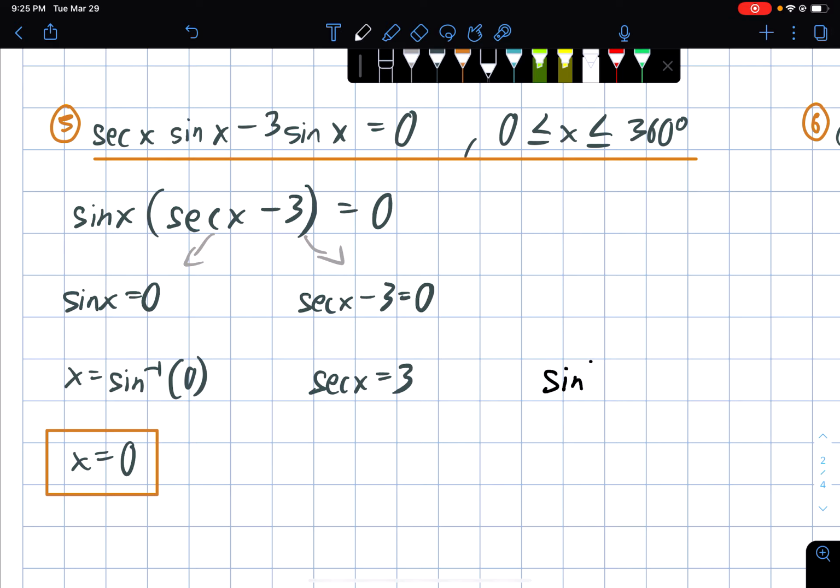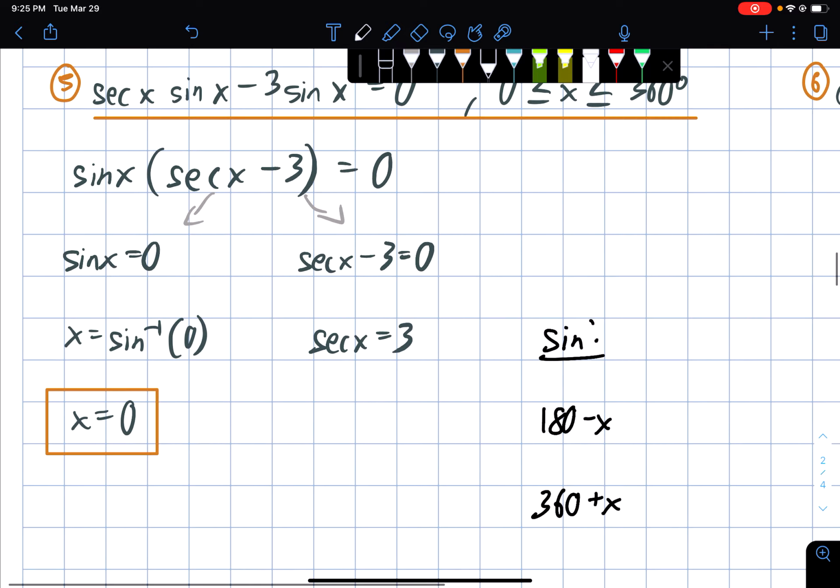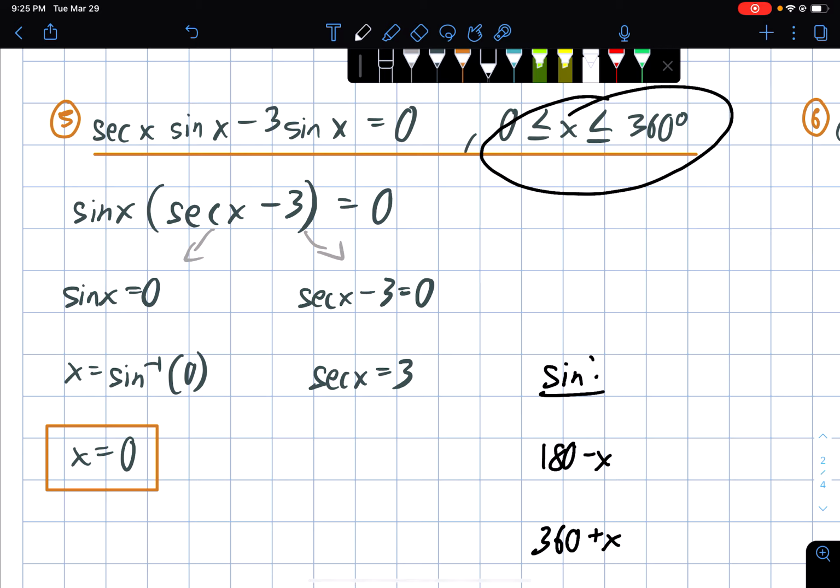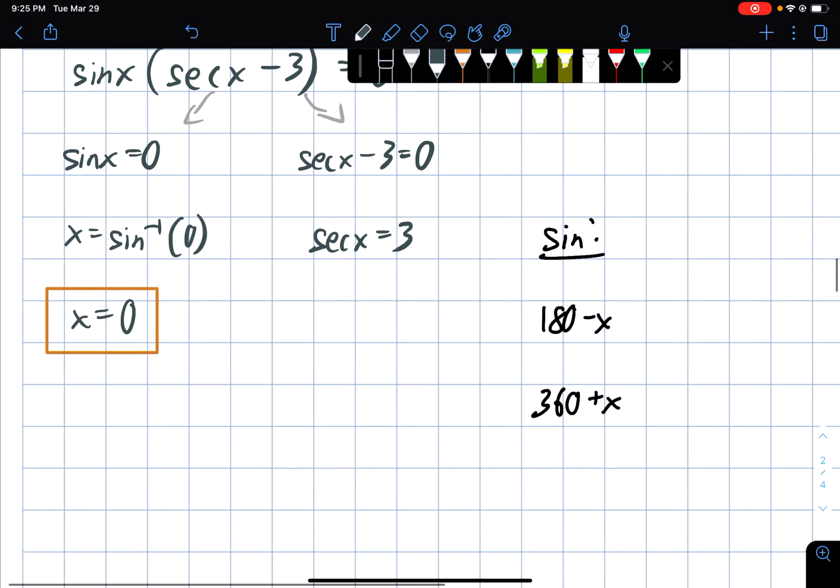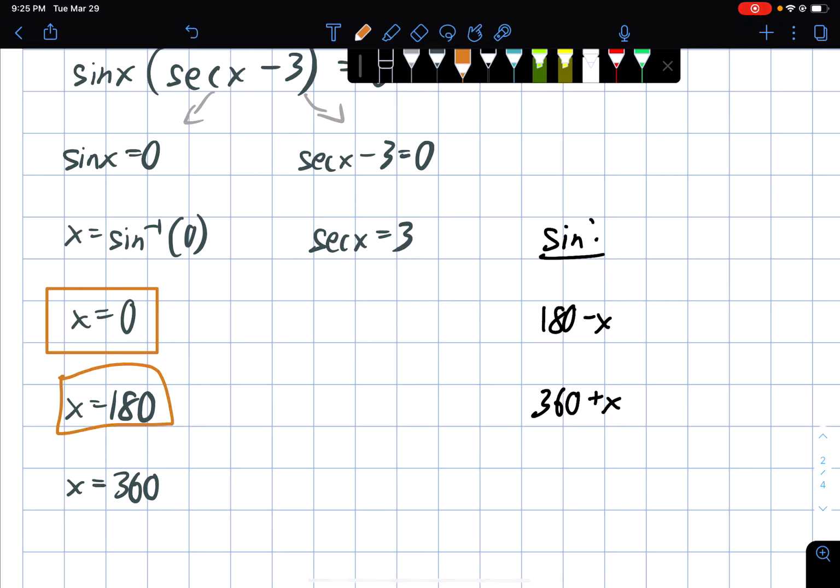For sine, 180 minus x to find solution 2, 360 plus x to find solution 3, if it were possible, provided the given specification. So again, 180 minus 0 is 180, left untouched. 360 plus 0 is still 360. So the same answers compared to number 1 earlier.